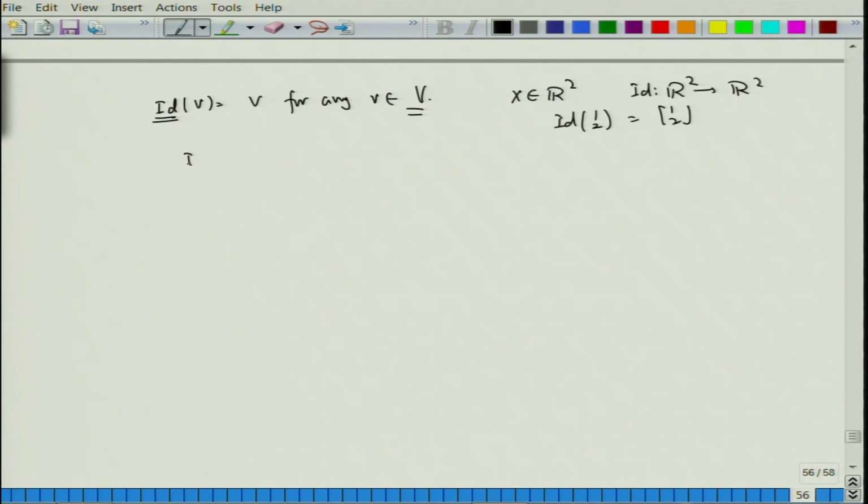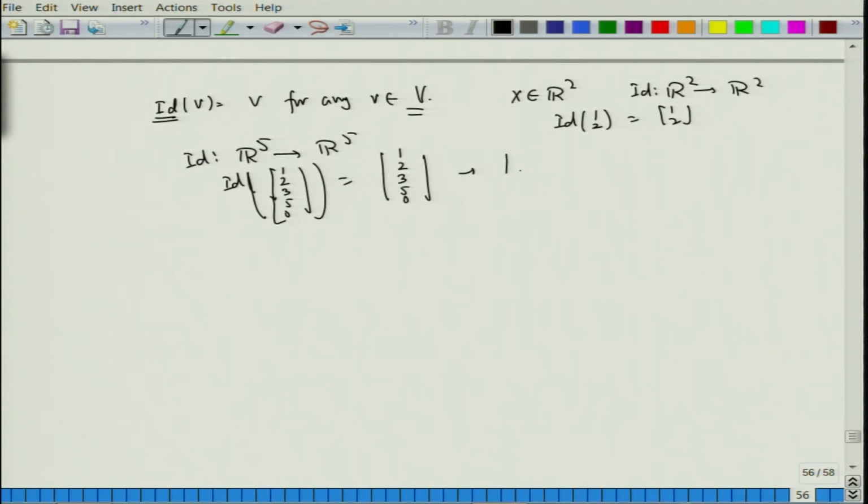If I have the identity map from, say, R5 to R5, then identity of (1, 2, 3, 5, 0) is equal to (1, 2, 3, 5, 0). So, it is the identity map, all right, nothing else.